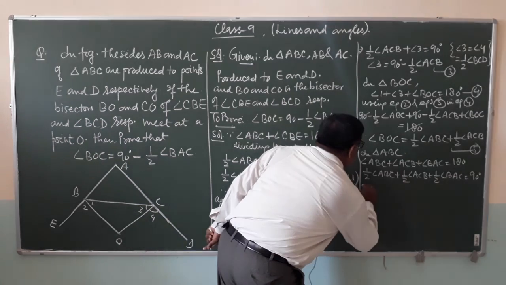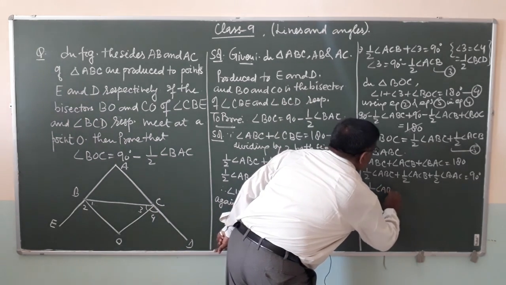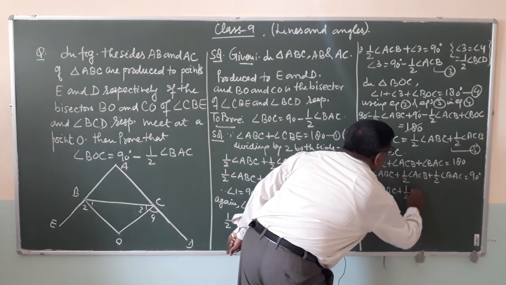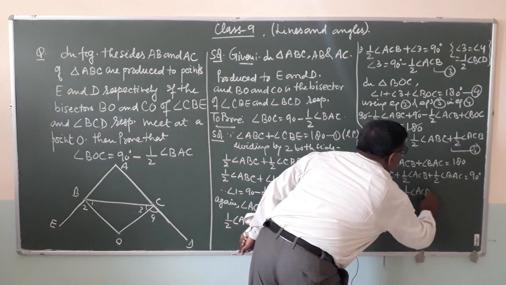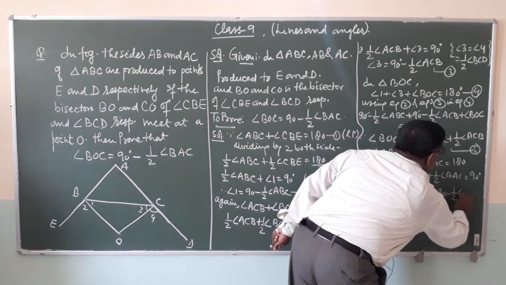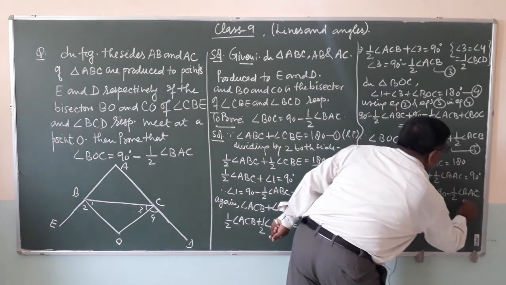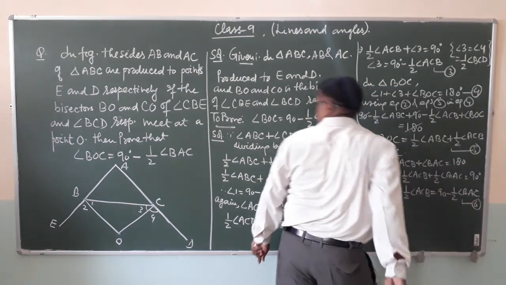So therefore 1 by 2 angle ABC plus 1 by 2 angle ACB is equal to 90 minus 1 by 2 angle BAC. That is equation number 6.